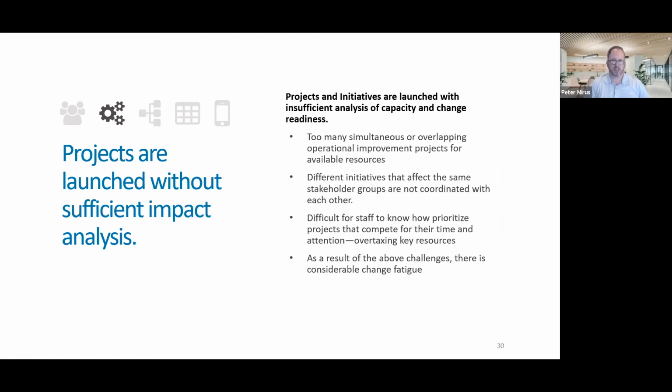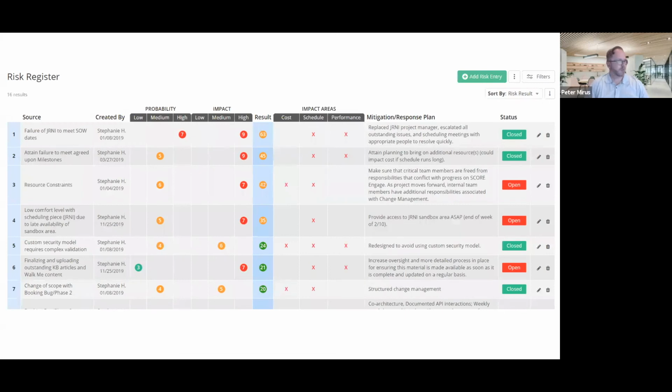It was basically to provide them with feedback based on the interviews that we did with their stakeholders, that oftentimes new technology projects and initiatives, as well as projects and initiatives in general, were launched without a sufficient analysis of capacity and change readiness. So this is an example of a broadly stated risk that might be applicable to an implementation effort.